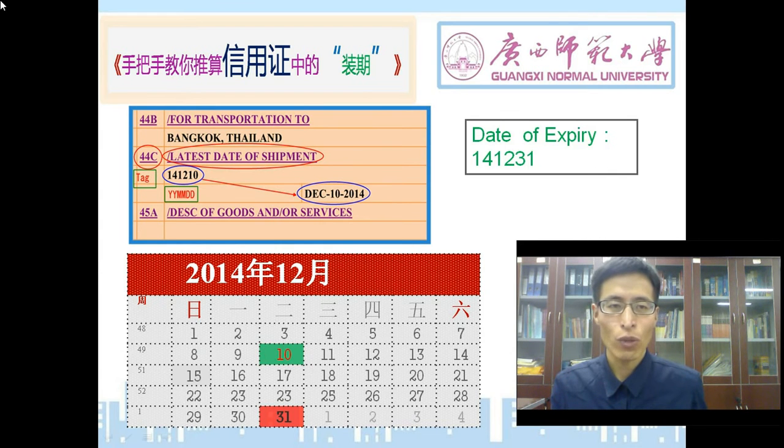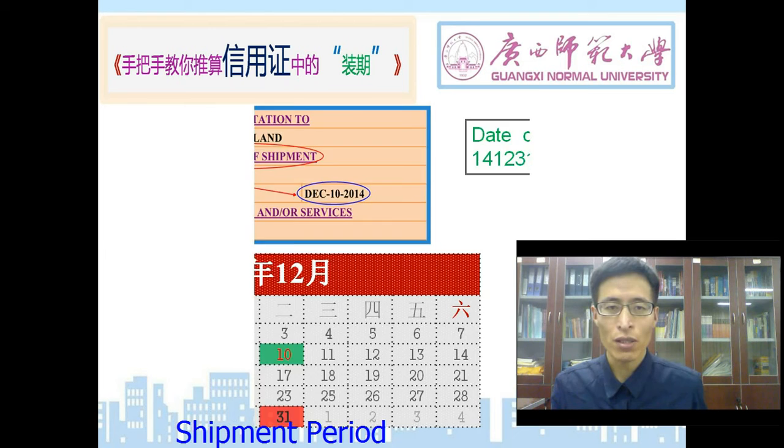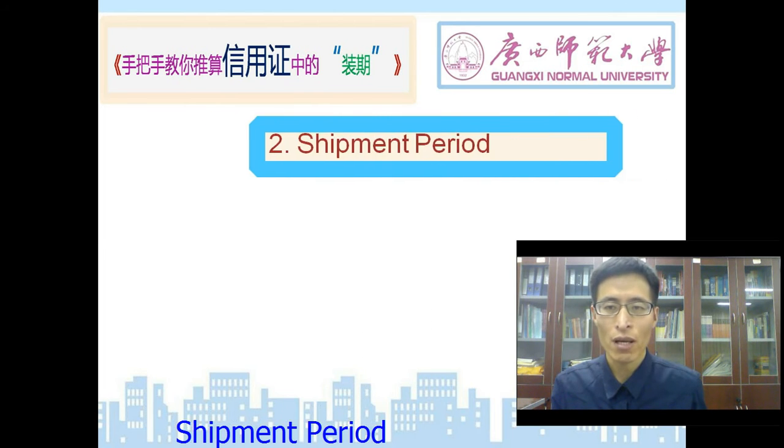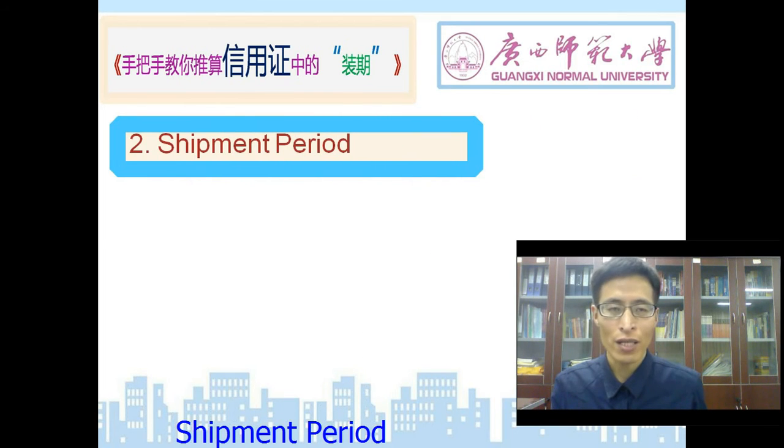And also here we suppose the date of expiry is 14, 12, 31, that is 31st December 2014. Okay, this is the first kind of time of shipment in the letter of credit, that is latest date of shipment.